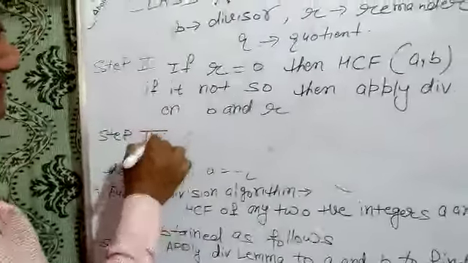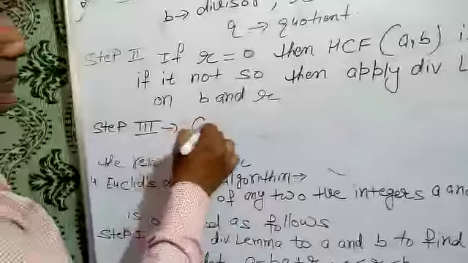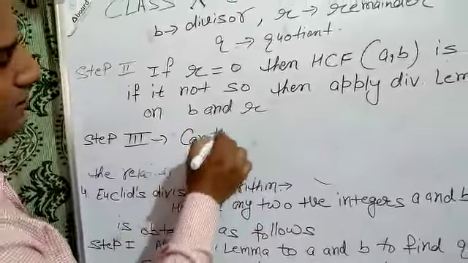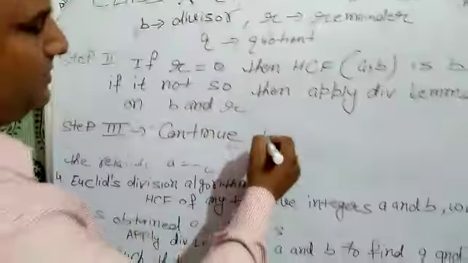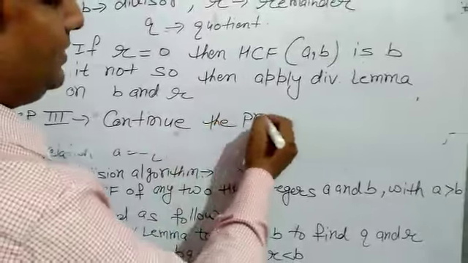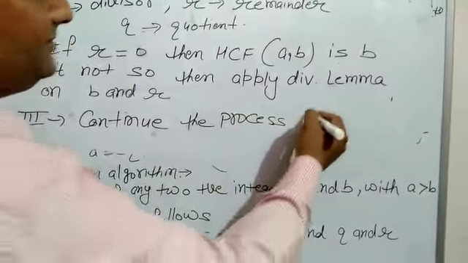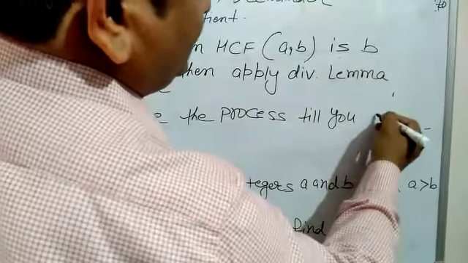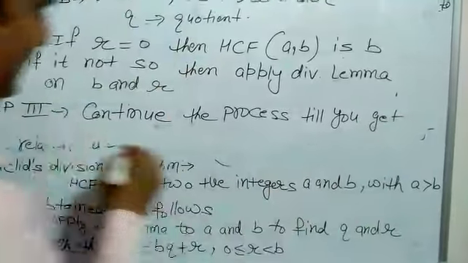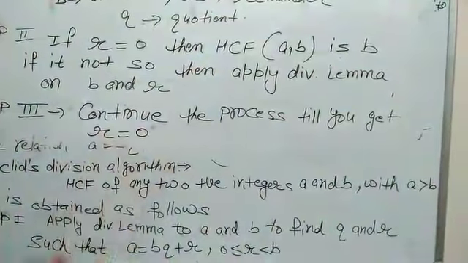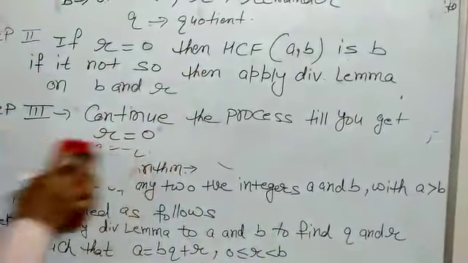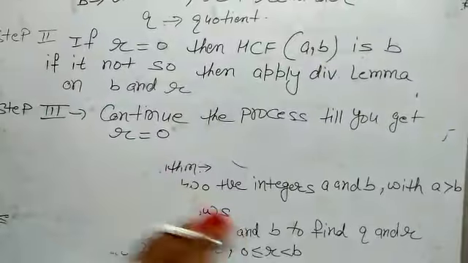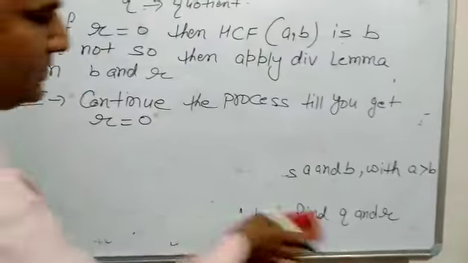Step number 3. Continue the process till you get r equals 0, that means your remainder is equal to 0.